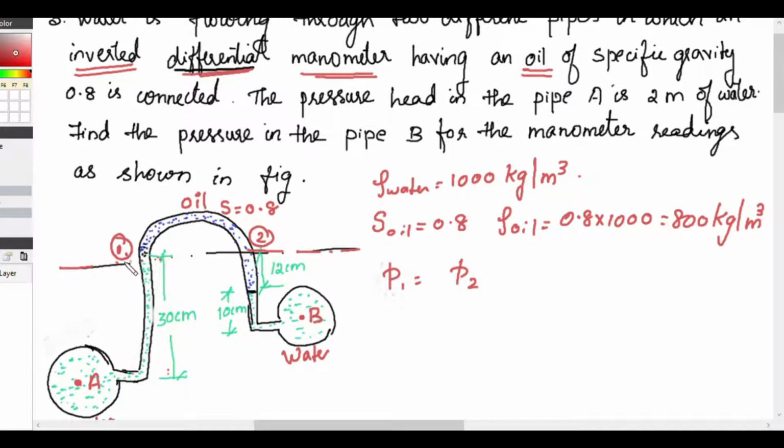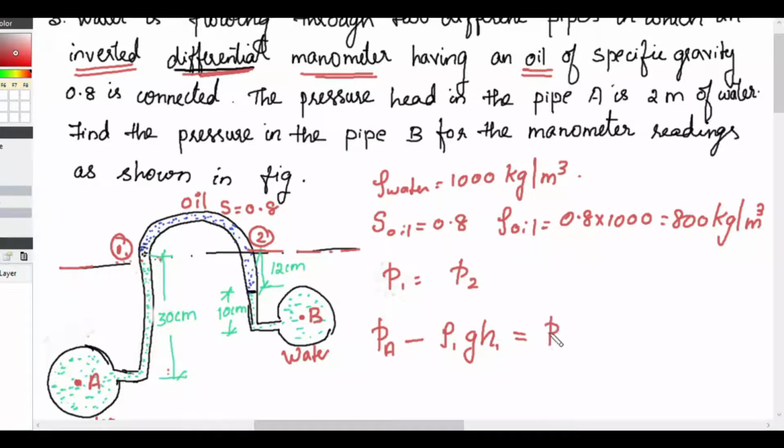The pressure at 1 will be equal to the pressure at A minus rho 1 G H1, since this 30 centimeter height is above A, is equal to the pressure at 2.